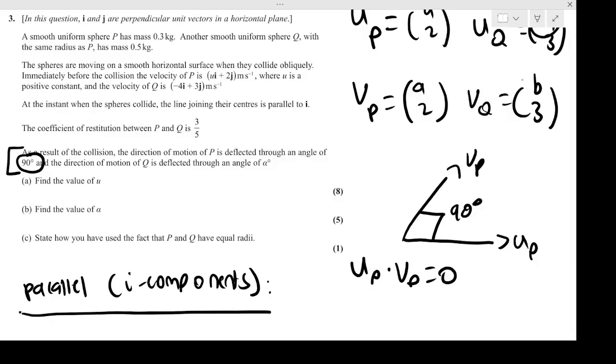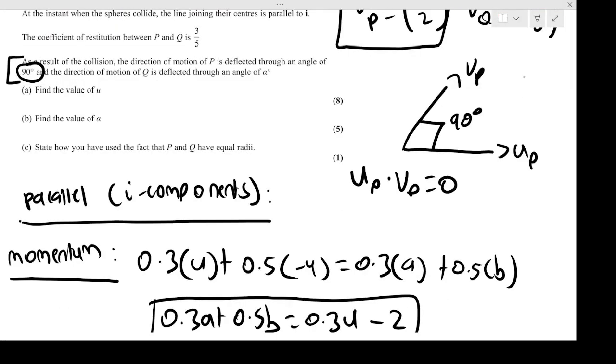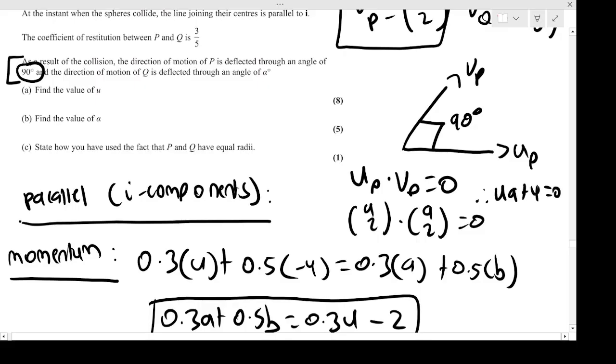So if I now do that, I can get a third equation. Remember I've got these two expressions for UP and VP. So U, 2 for UP dotted with A, 2 for VP equals 0. If we do that dot product, we're going to get UA plus 4 equals 0. Therefore, UA is minus 4. Which really looks quite nasty, right?